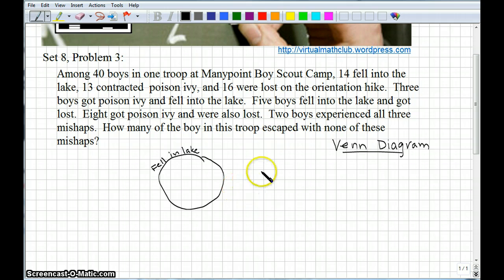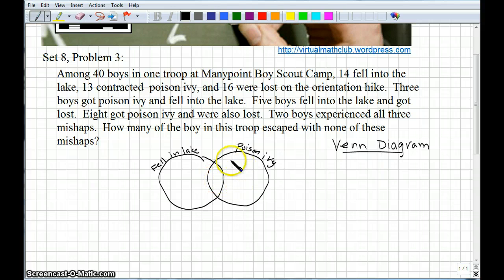And then we also have some boys that got poison ivy, but not all of those boys that got poison ivy also fell in the lake. But some actually had both mishaps. So I'm going to draw that like this. So these are the boys who got poison ivy.